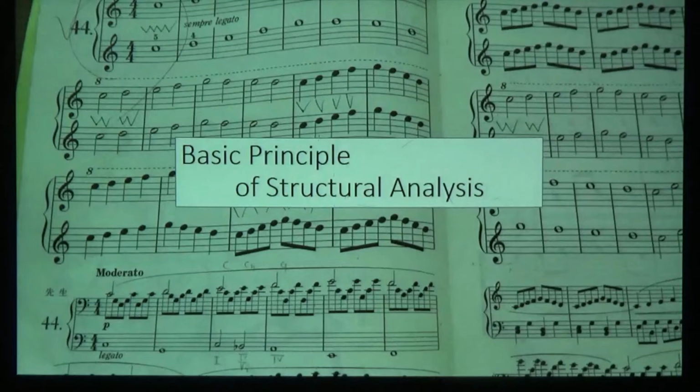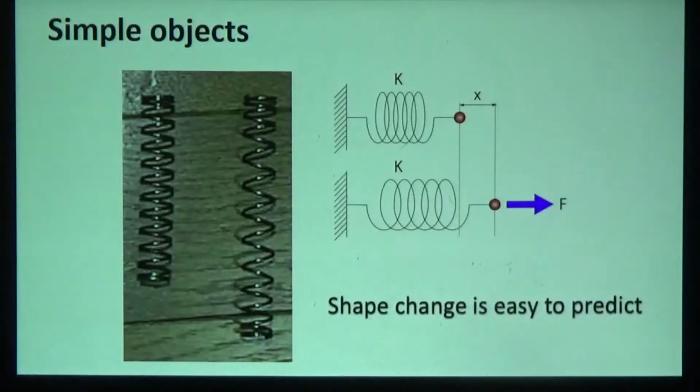Let me now explain the basic principles of structural analysis. When objects have complicated shapes, it may surely appear to be difficult to predict how their shapes will change in response to forces. However, for objects with simple structures, the prediction is easy. For instance, with simple springs, as shown in the picture, it is easy to predict how much they will expand when they are pulled.